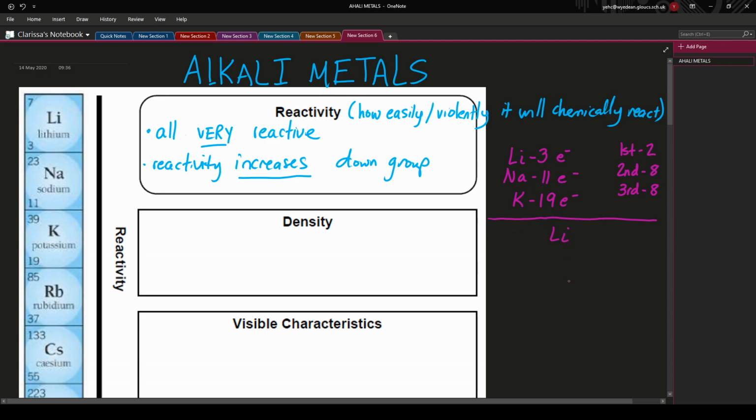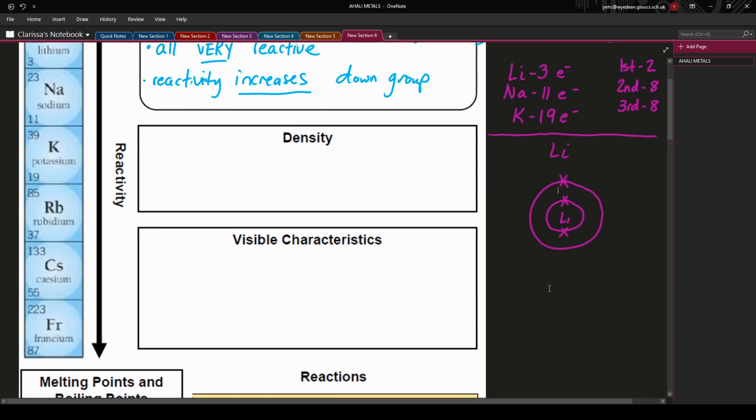So with lithium, first shell is going to have 1, 2 electrons. Lithium has 3 electrons, so there's one more that I need to put on. But remember, it can't fit on the first shell anymore because it's reached its maximum. So it's going to go on the outside there. And there's going to be a lone electron on the outside. That's lithium.